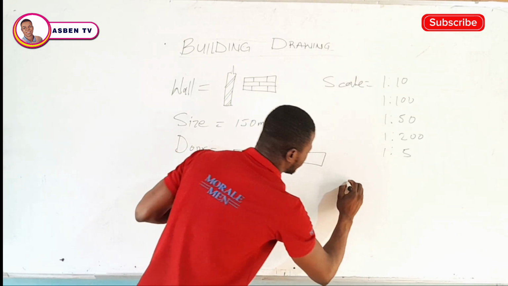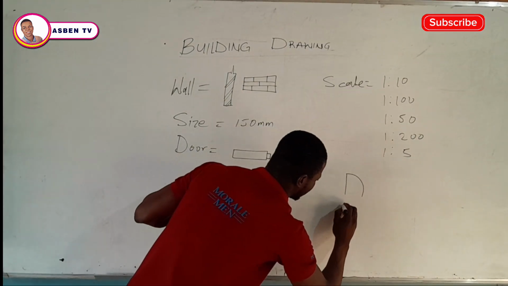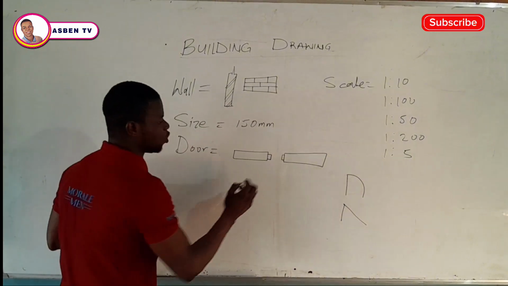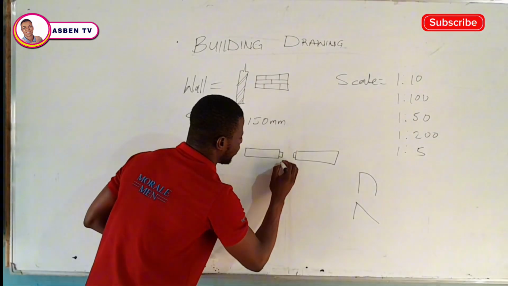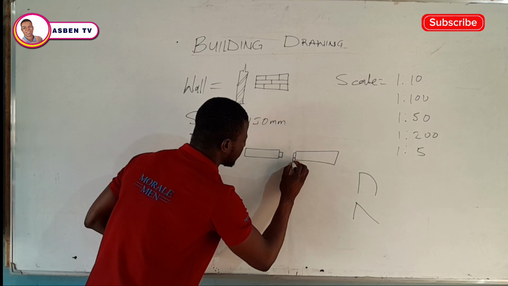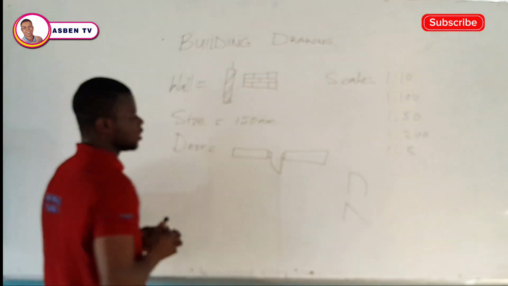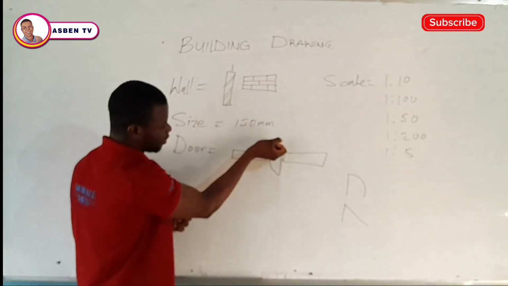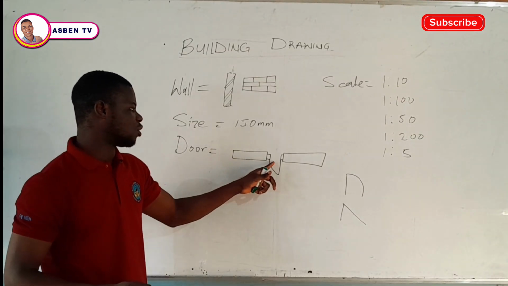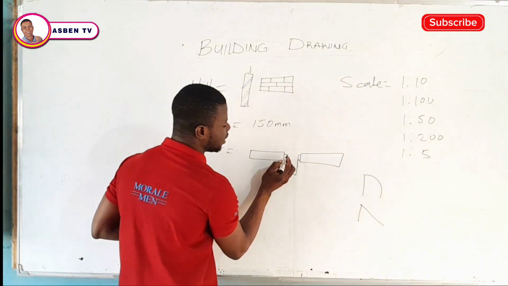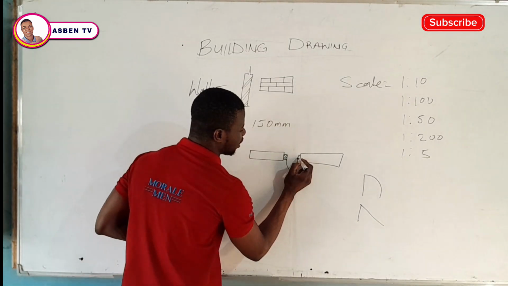The first symbol is always like this, and the other one is just like a triangle. If you want to open the door from this side to this side, all you are going to do is make this straight line and draw. It means when you are opening, you push it from this side to the other side. This is the symbol of a door. And here are the door frames, and the sectional view of the door, you just do it like this.